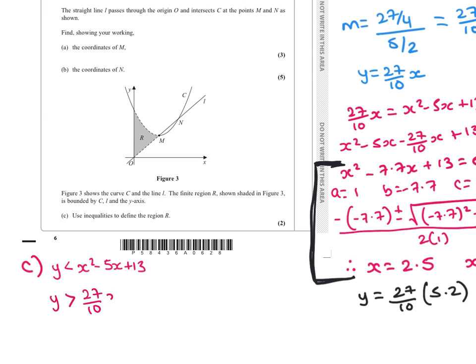27 over 10x, okay? And again, if you're not sure, when in doubt, work it out. You can try a coordinate that you know will be up here, or below. You know that 3, 1 would be in here.